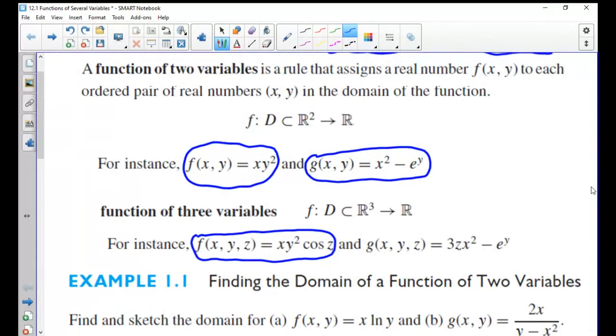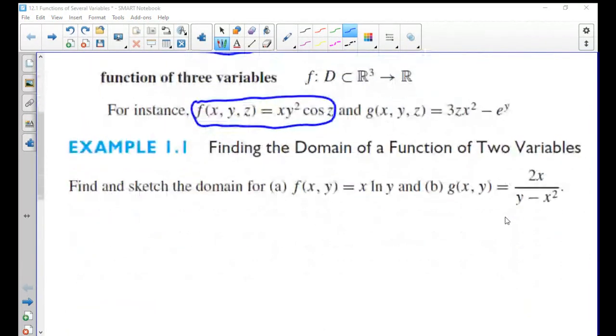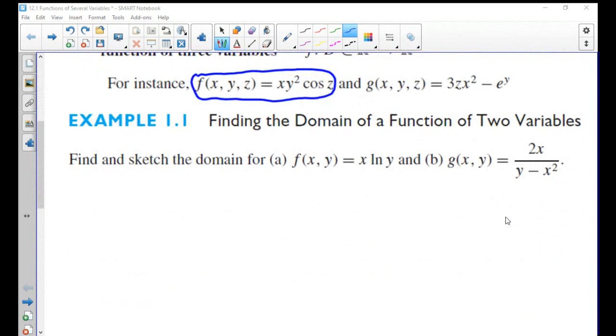G also is a function of three variables. Like functions of one variable, one of the questions we often ask is, what is the domain of the function here?